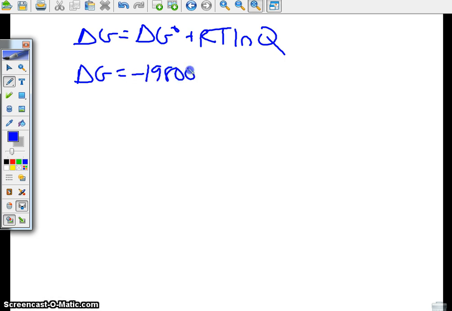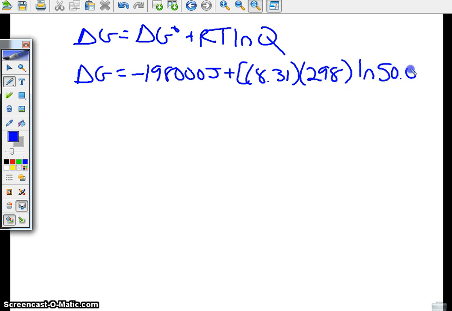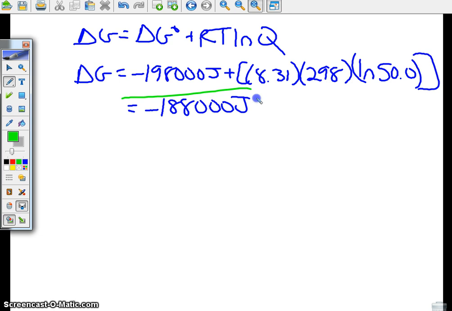I've got to keep it in joules. 8.31, I'm at 298, and I just found Q to be 50. So I get negative 188,000 joules.